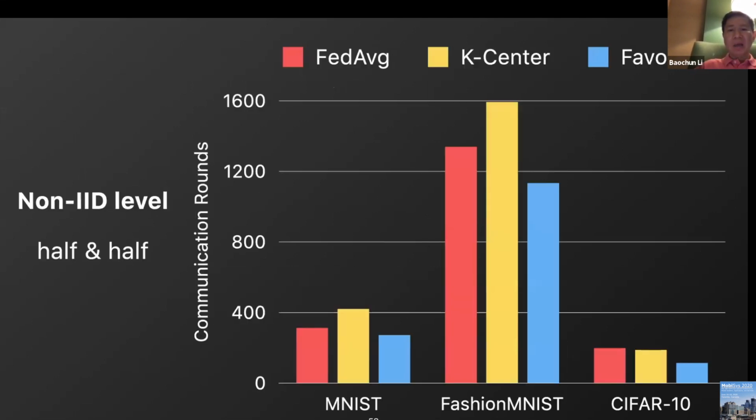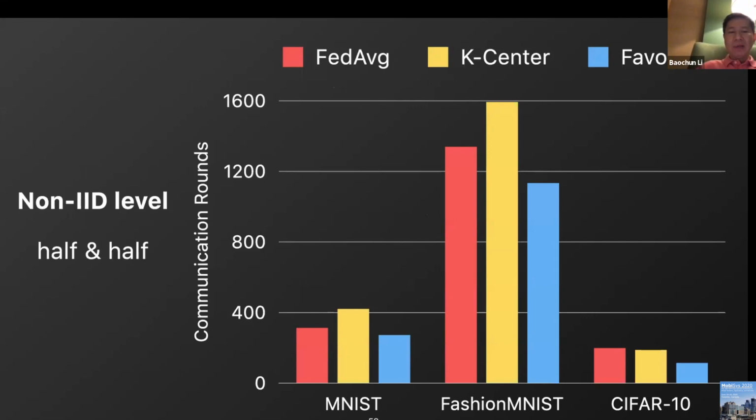So once we are able to apply this way of generating the data in a non-IID way, we're able to compare the three candidates: federated averaging with just random selection, K-center clustering, and our own work, which we call Favor, that uses DRL.